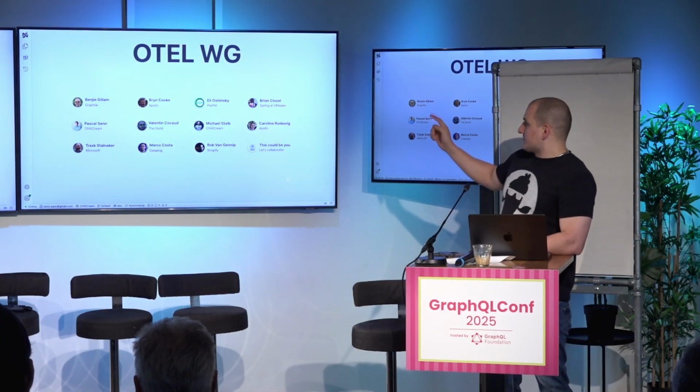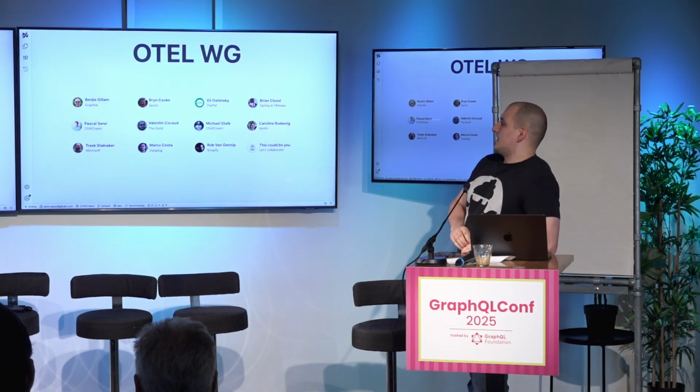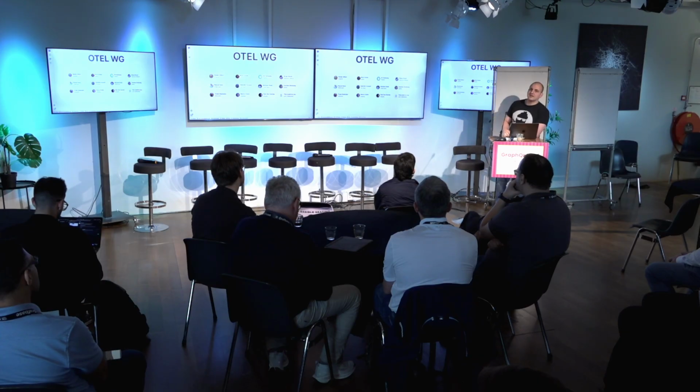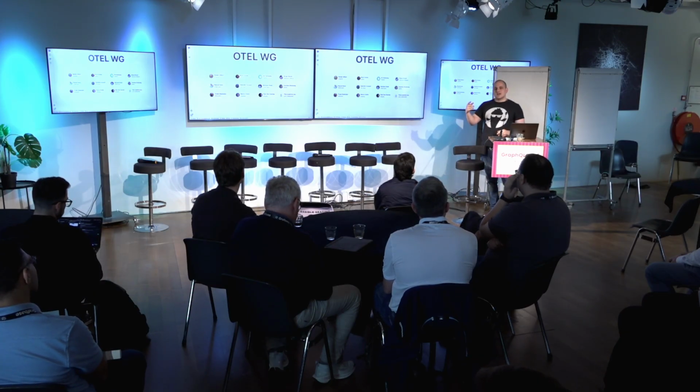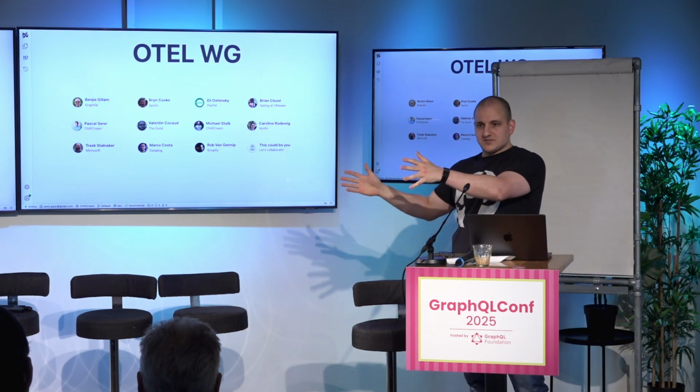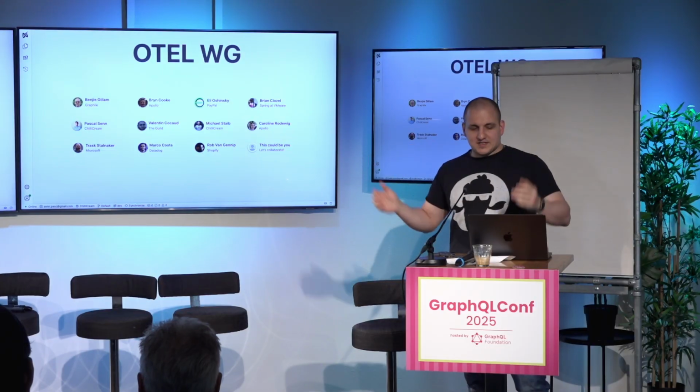And we also have Trask on board, who is an employee of Microsoft and maintains the semantic conventions on their side, and he has nothing to do with GraphQL at all. But you see that with these work groups, we get together the people who are GraphQL experts and the people from the semantic conventions repository, and then we can make a nice specification.